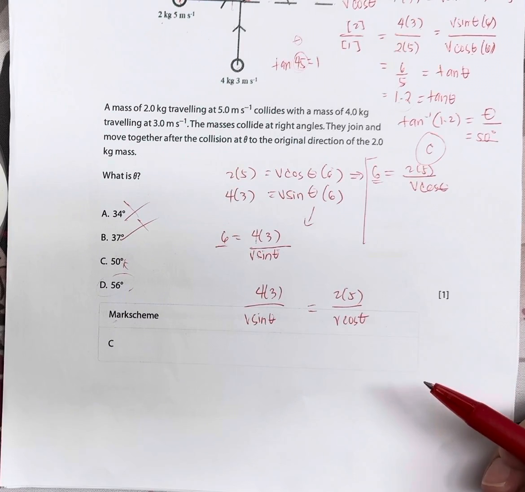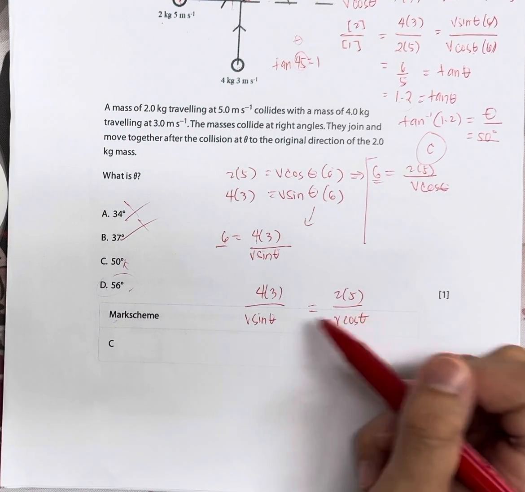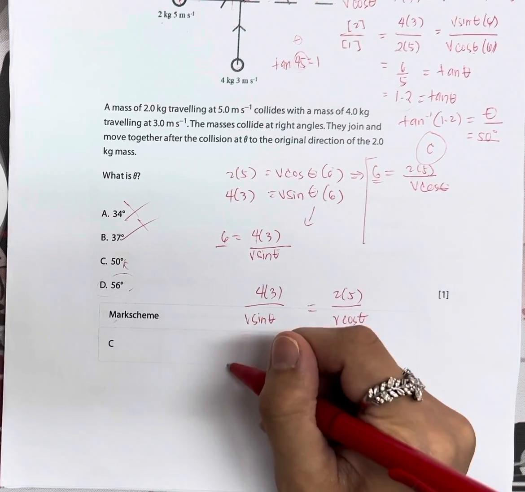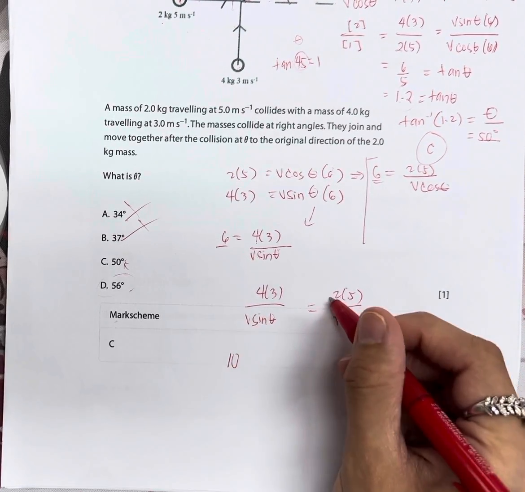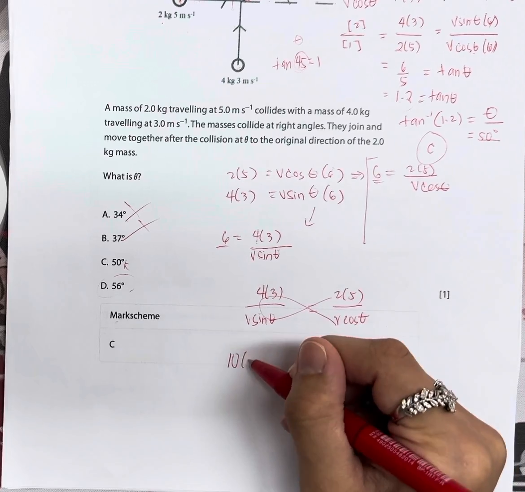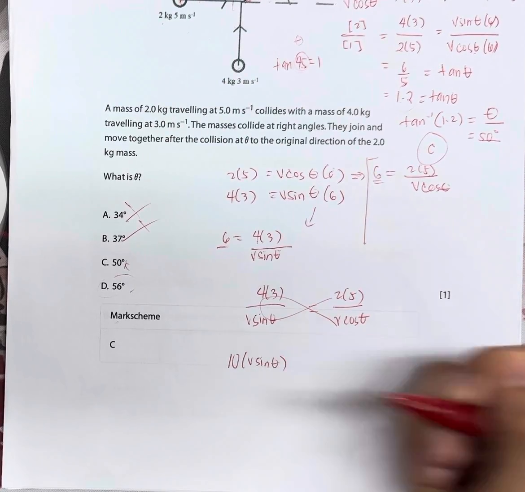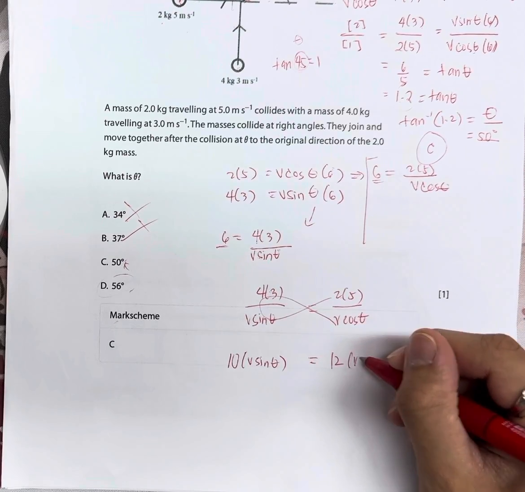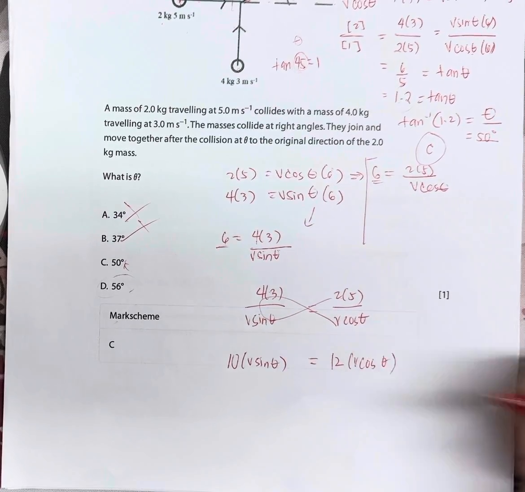I'll show that to you. So this is going to be cross multiplication. 2 times 5 is 10 multiplied by v sine theta equals 12 multiplied by v cosine of theta.